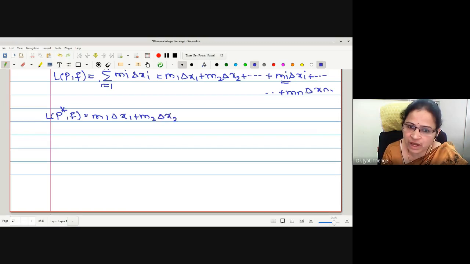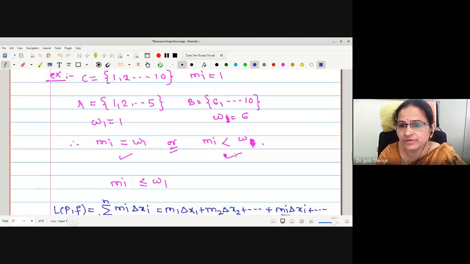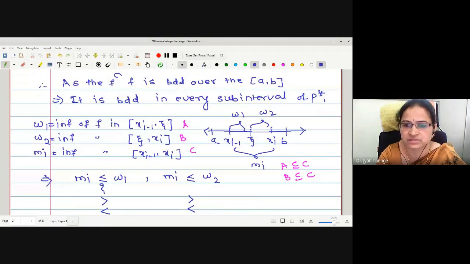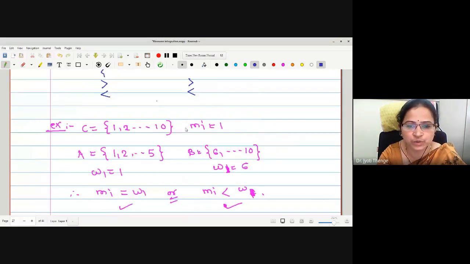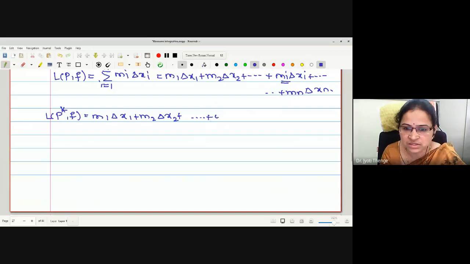M2 delta x2. Okay, what for this ith subinterval? We have divided it into two parts. What is the first part? Xi minus 1 to zeta. What is the corresponding infimum? W1. Therefore, I can write this as W1 into the length of the subinterval, that is zeta minus Xi minus 1.